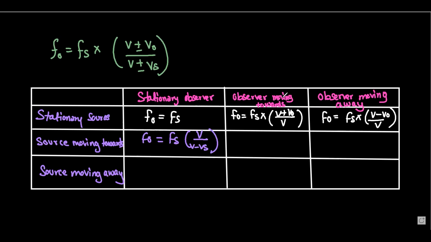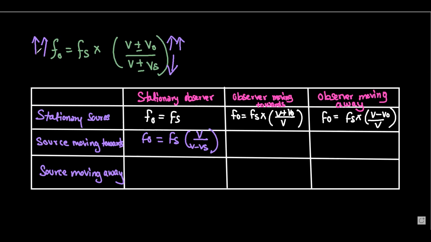And if the observer is moving towards and the source is also moving towards, the numerator will try to increase and the denominator will try to decrease, because decreasing the denominator increases frequency and increasing the numerator also increases frequency. In this case, a blaring sound and you as an observer both are coming very close.